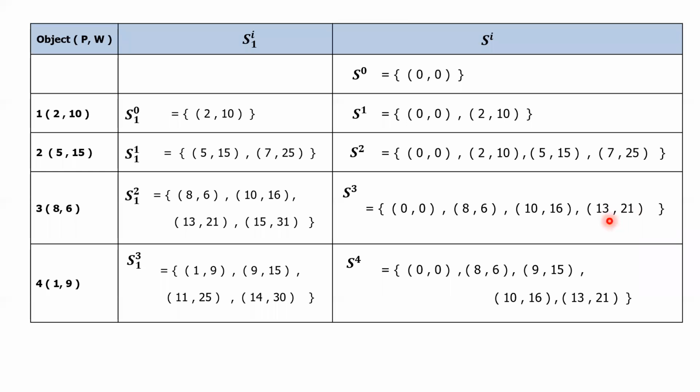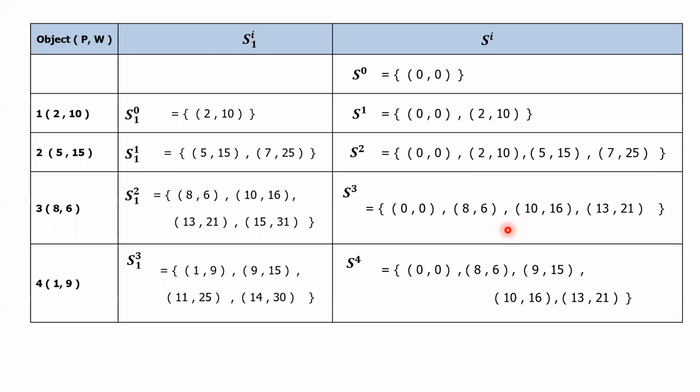Then you might think, what about the remaining possibilities? I can add all three objects, 1, 2, 3, into the bag. If I add all three into the bag, the capacity is exceeding 25. So I do not have any state where it includes all three items. That becomes an infeasible solution. So I am taking only feasible solutions.